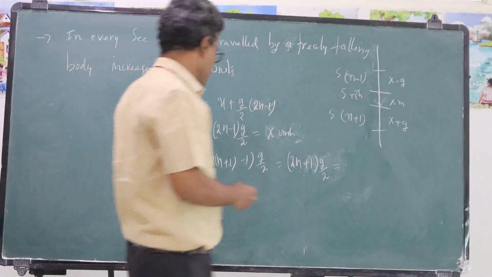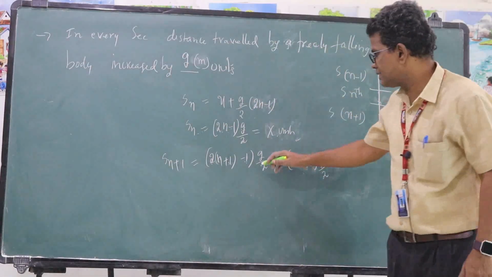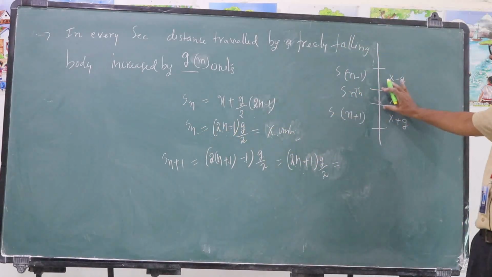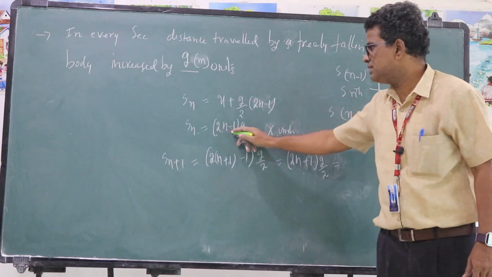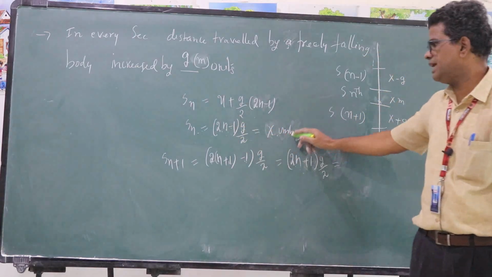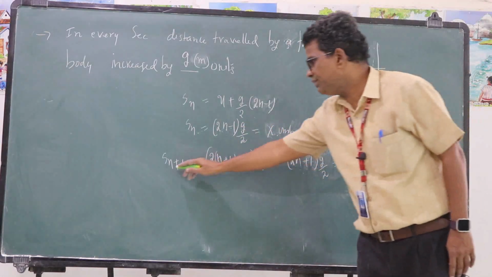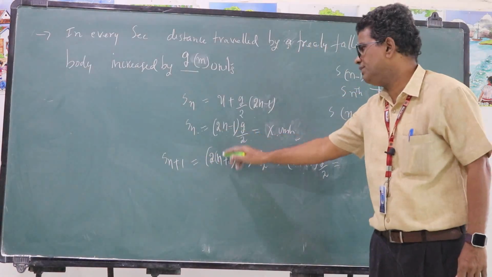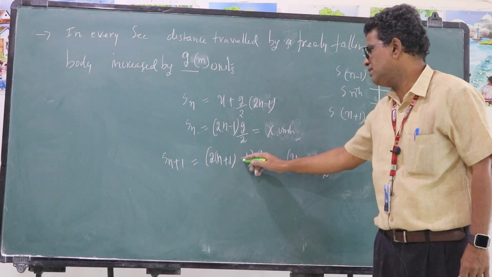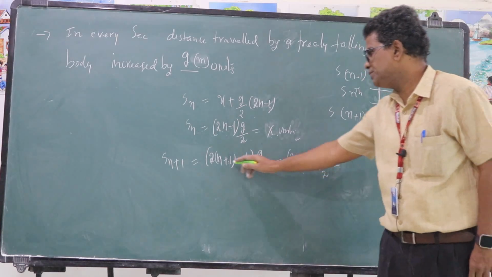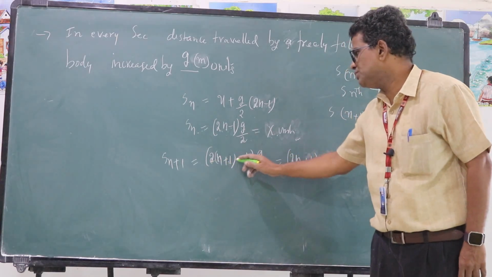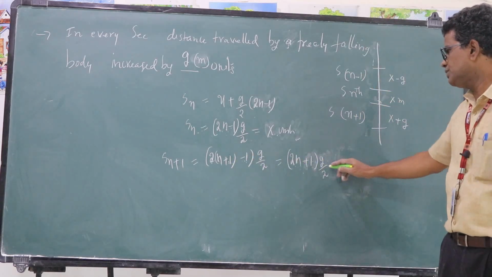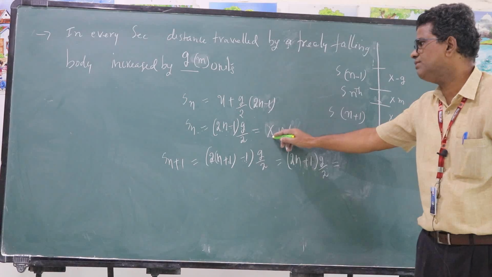So this Sn, the distance traveled in the nth second, is 2n minus 1 into g by 2. I take it as x units. We calculate the distance traveled in the n plus 1th second by substituting n plus 1, giving 2n plus 1 into g by 2. We have to express this in terms of x.